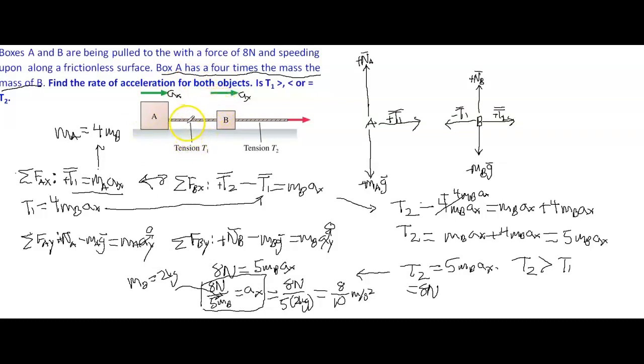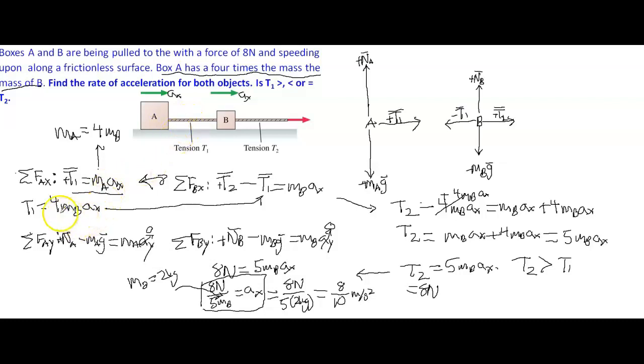What can also be said is that T1 is not slack. It's tight only because it's pulling block A. If you cut that rope, well, this tension would drop to 0 and it wouldn't be pulling anything anymore.